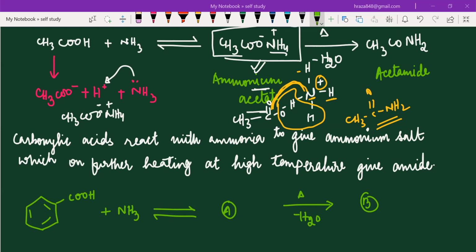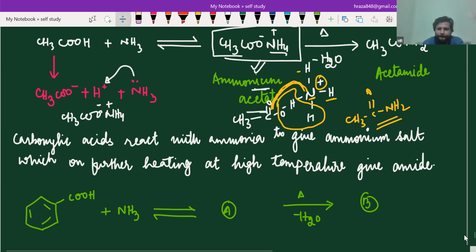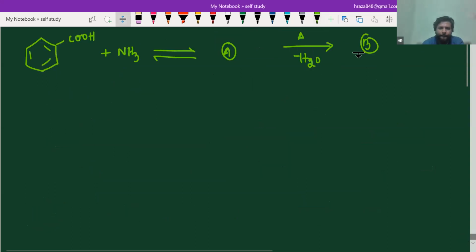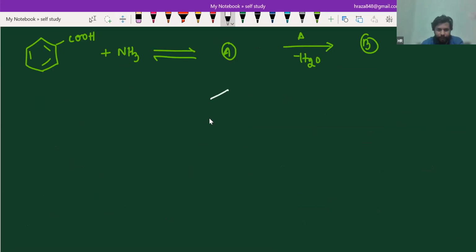So what you got here, you will get sodium benzoate. So not sodium, it will be ammonium. This was like this, so it will convert into C6H5COO minus. H plus will be eliminated and there is NH3, so it will take hydrogen and it will be like this. And if you are going to heat it, there will be elimination of H2O.